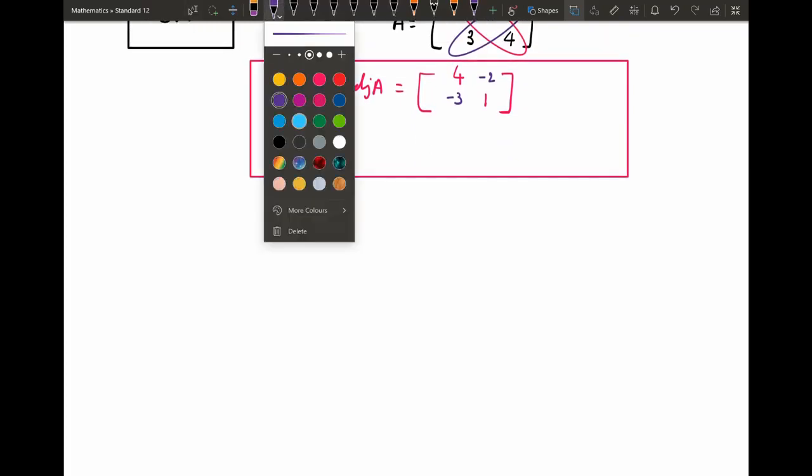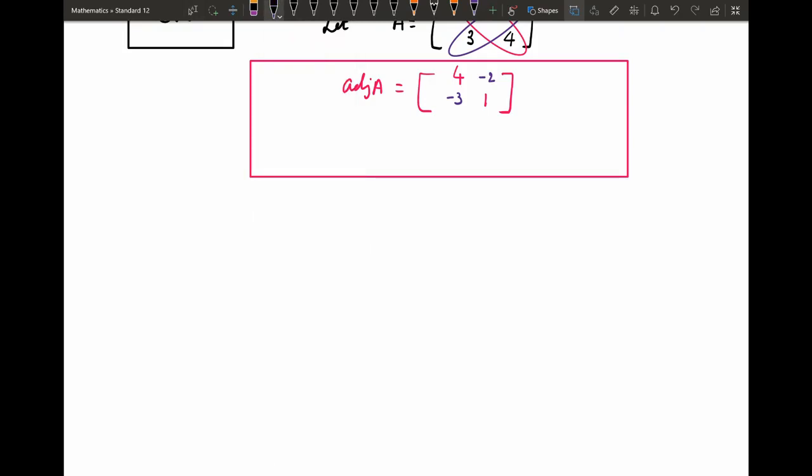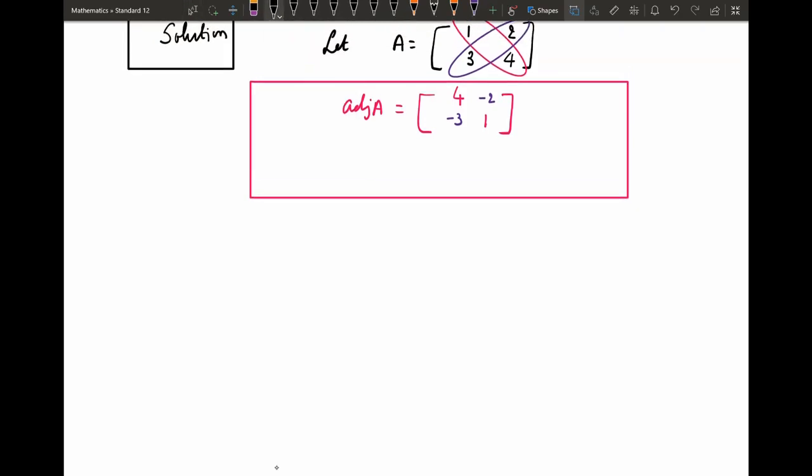But if you want the actual calculation, first find M11. It is the minor of 1, that is 4. So A11 is minus 1 raised to 1 plus 1, M11, so this is 4. M12 is the minor of 2, so that is 3.